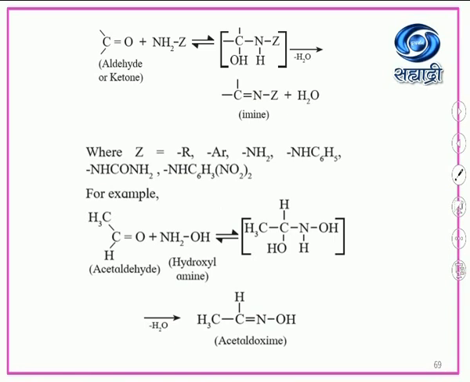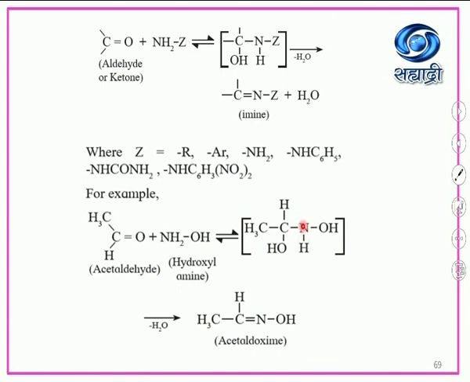where Z is an alkyl group R, an aromatic group, NH2, NHC6H5, NHCONH2, NHC6H3(NO2)2. For example, we'll take acetaldehyde, CH3 C double bond O H, plus NH2OH, hydroxylamine. A reversible reaction takes place and you will get CH3 C H N OH. So nitrogen is attached to the hydrogen, and this carbon is attached to the OH.